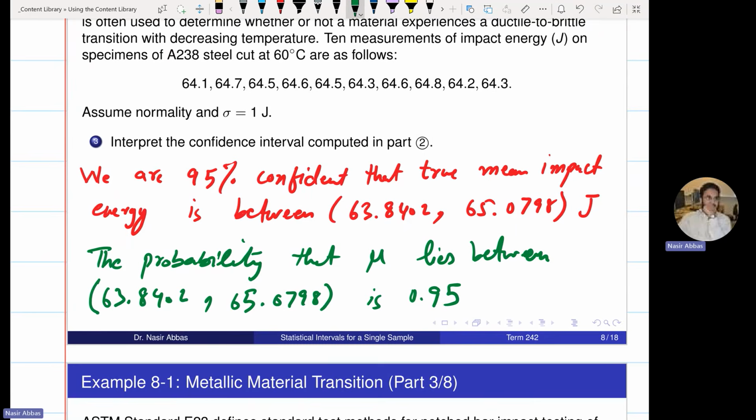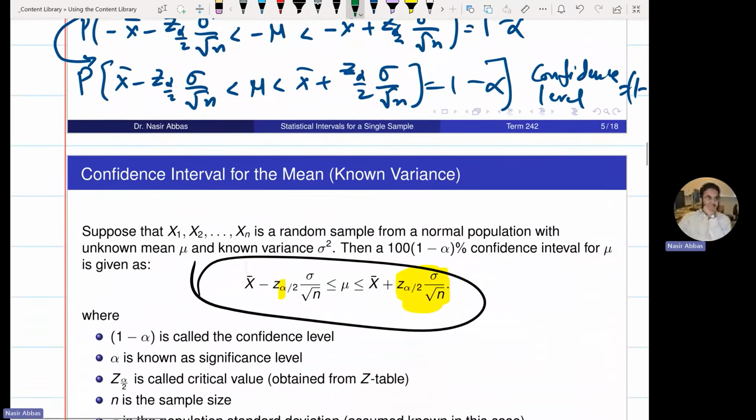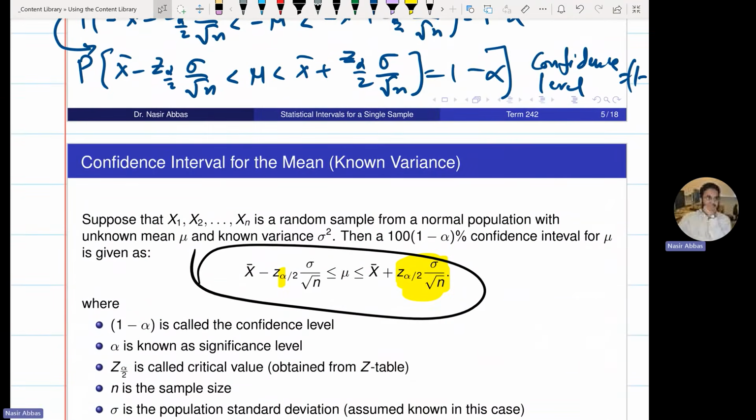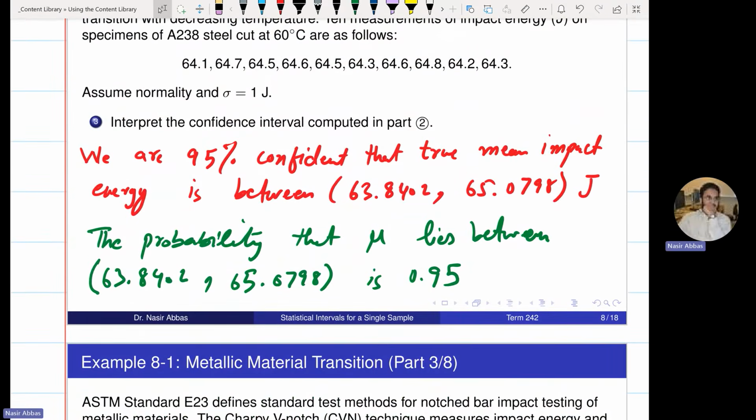Can we interpret it like that? The probability that mu will be captured between this and this is 1 minus alpha. This is exactly what I wrote here. This interpretation is wrong. Why is it wrong?